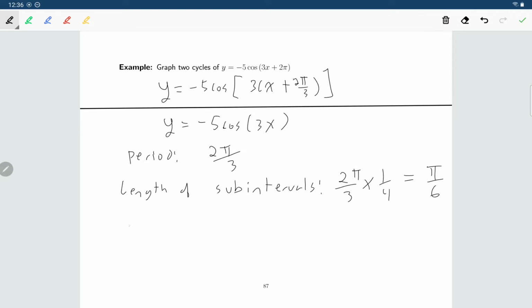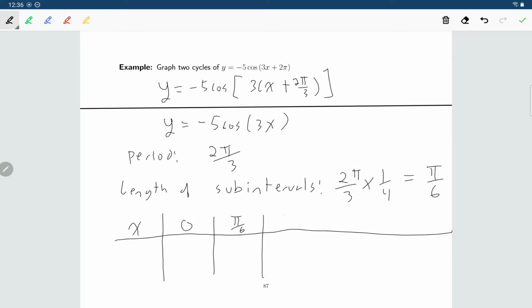So that means that if I'm thinking about my x values, it should be 0, then pi over 6, then 2 pi over 6, which is pi over 3, 3 pi over 6, which is pi over 2, and then finally 4 pi over 6, which is 2 pi over 3.